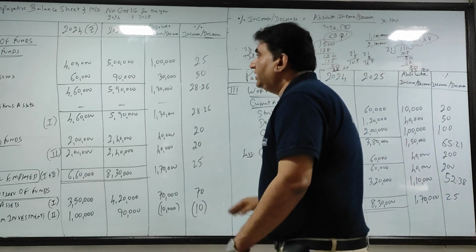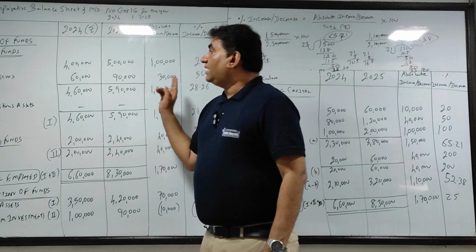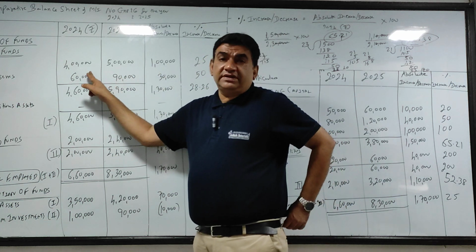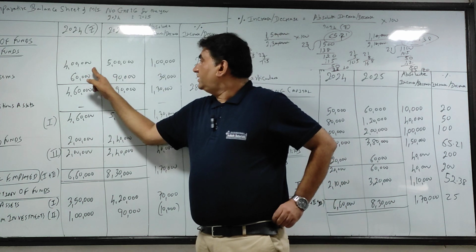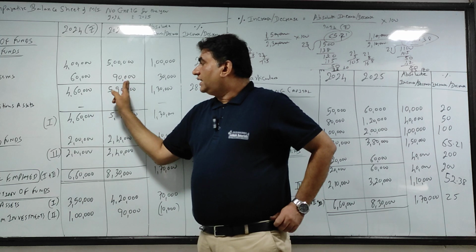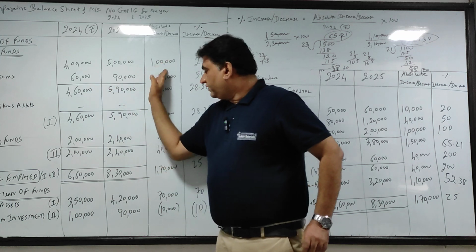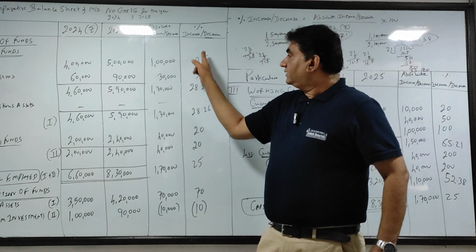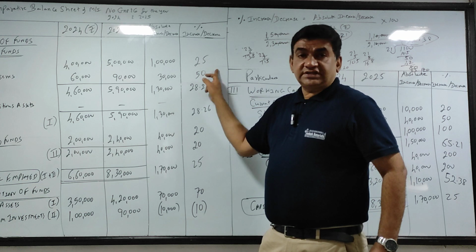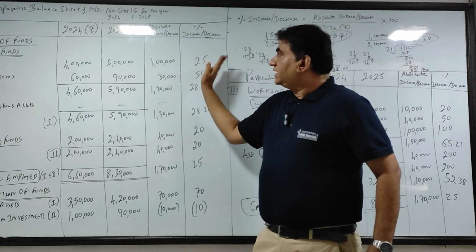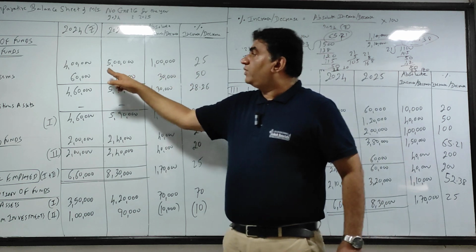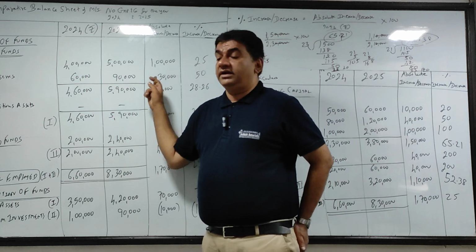First fill up absolute increase decrease, where you compare the current year's figure with the previous year. So 5 lakh minus 4 lakh, 1 lakh, 90 minus 60, 30. Fill up this. Then take increase decrease percentage: absolute increase decrease upon first year's amount into 100.